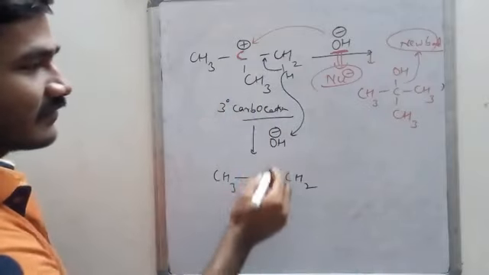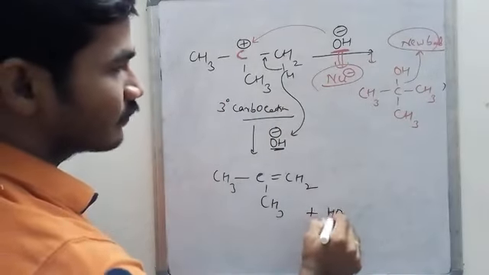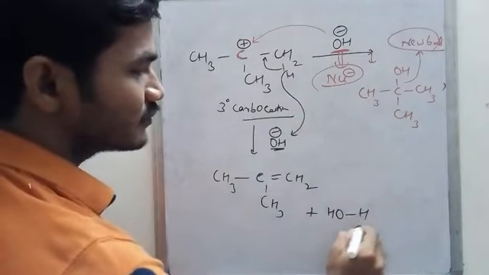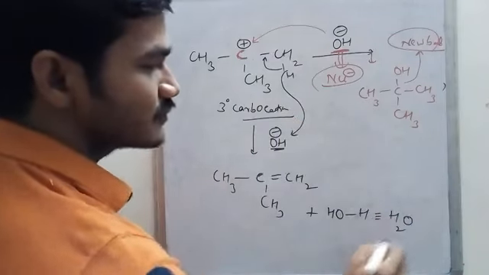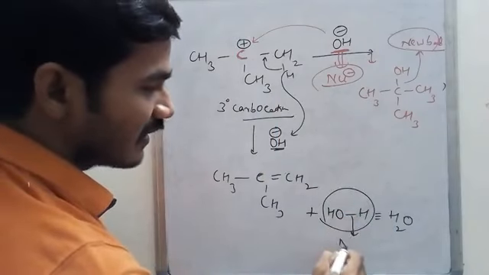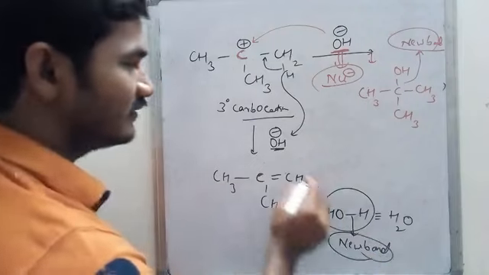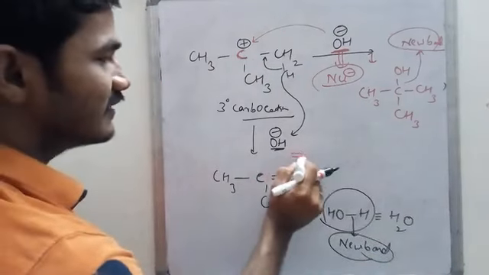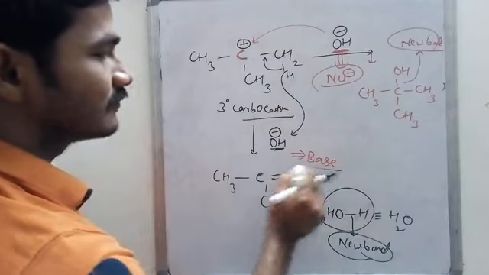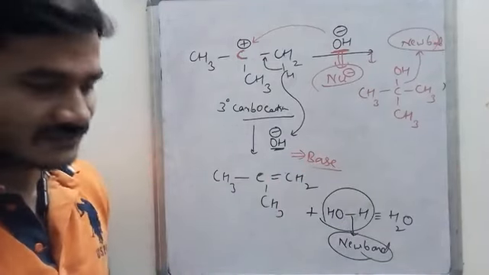After formation of the product, the OH is abstracting a proton and converting into H2O. So you can see a new bond formed with hydrogen. Now, in this case, it is acting as a base.